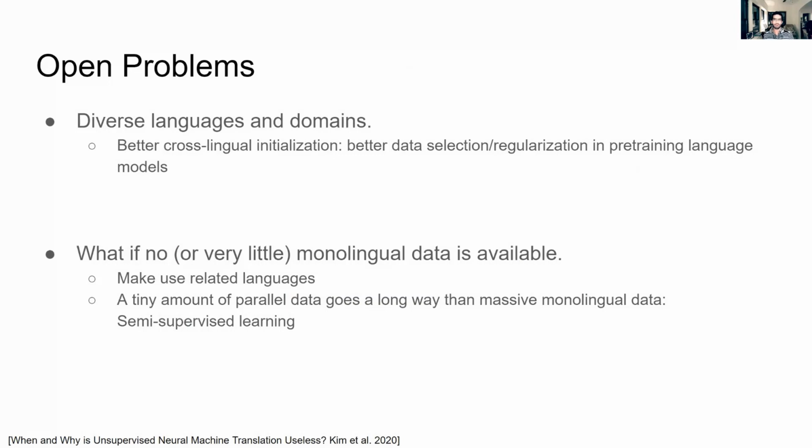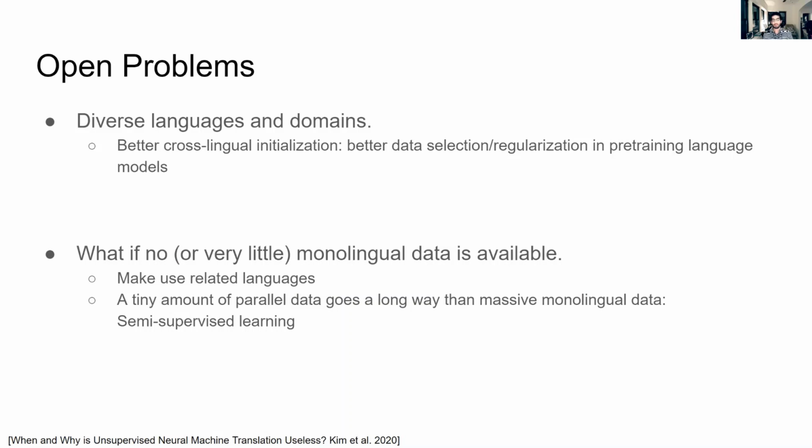I mean, it's true for MT in general, but it is even more problematic for unsupervised cases. So what you need is better cross-lingual initialization, because different domains of the source and target will hurt cross-lingual initialization. There's been work using pre-trained language models, which tries to address some of this, but not all of it.